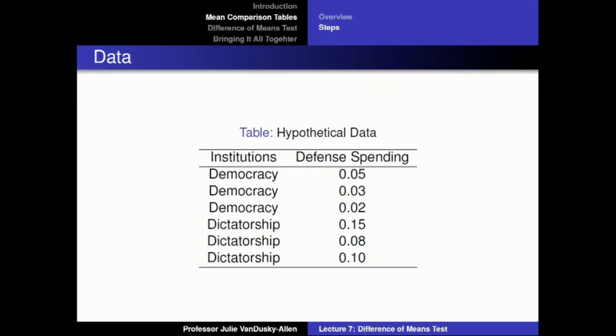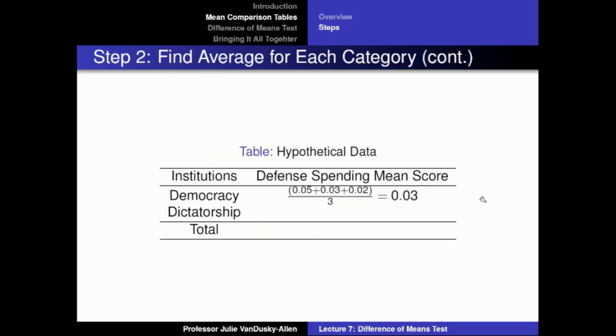So for the democracy category, the calculation will be 0.05 plus 0.03 plus 0.02, and that value divided by 3 because you have 3 observations: 1, 2, 3. Hence, the average defense spending as a proportion of GDP for democracies is 0.03.